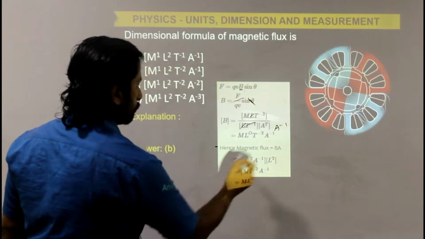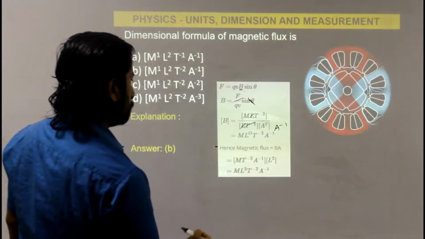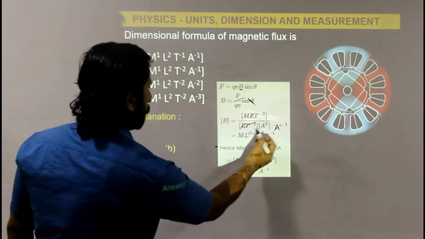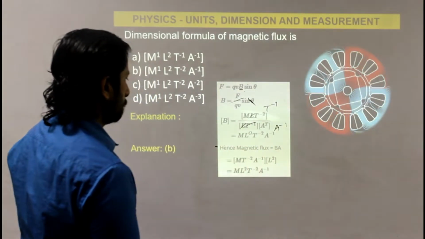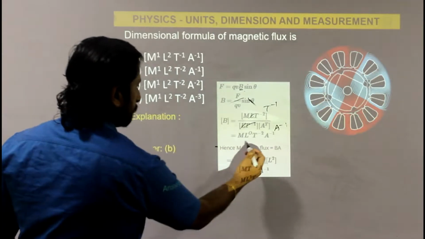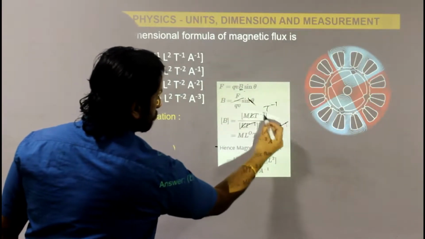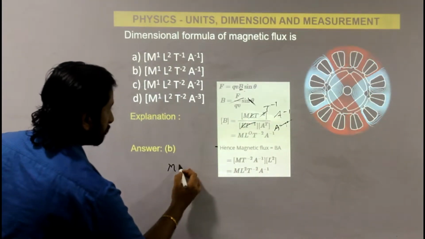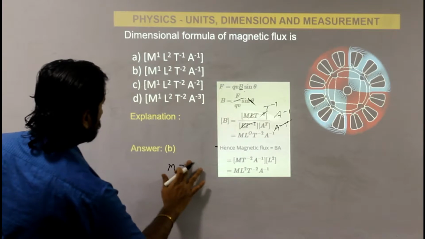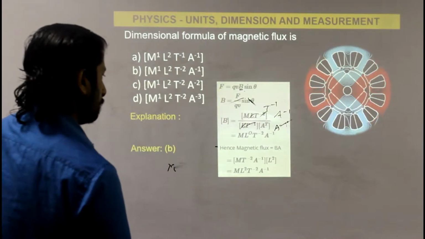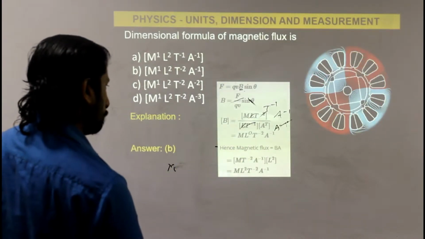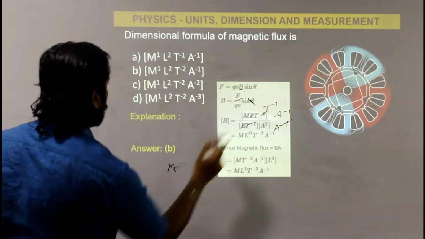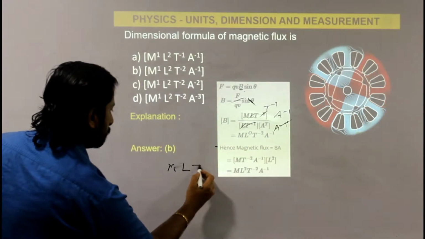Over here you got T power minus 1. So it's M, L, and T power minus 1, A power minus 1.